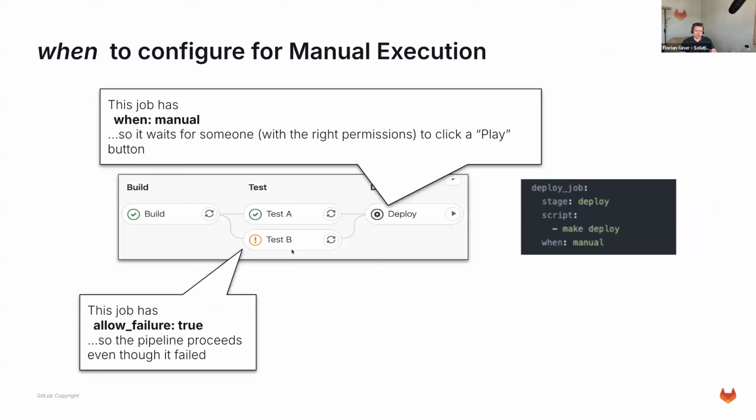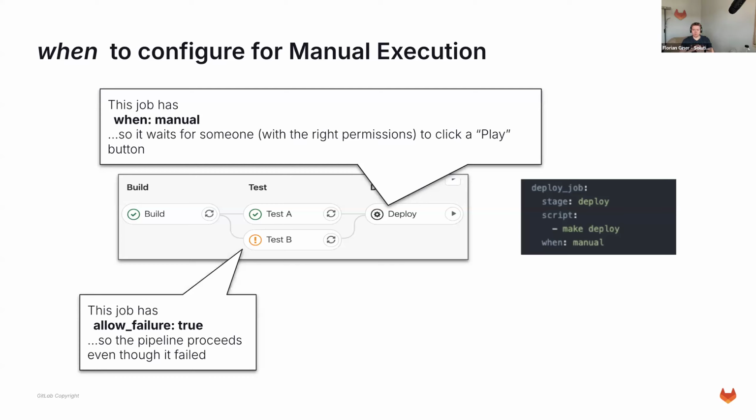Now, how can we configure manual job execution? You can do this by using when: manual. On the right-hand side, we have the snippet: a deploy job with a script where we do our deploy, for example, and it should be manual. You might be wondering why this is useful. It's useful if, for example, you have certain protected environments and you only want people with certain permissions to be able to deploy to them.